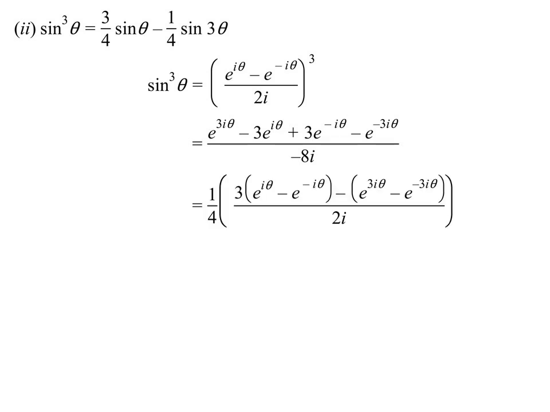Now I want to group the ones where the powers are the same or the conjugate, and so I'll get 3 of e to the iota theta minus e to the minus iota theta, and then minus grouping the ones that have the power of 3 iota theta and its conjugate there, which then allows me to substitute back in for sine theta and sine 3 theta, and we get our relationship.